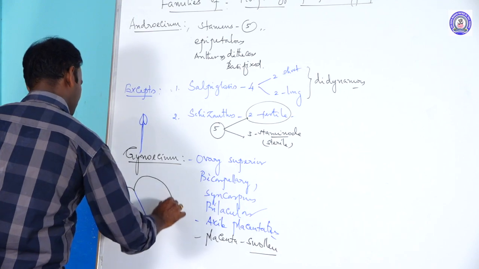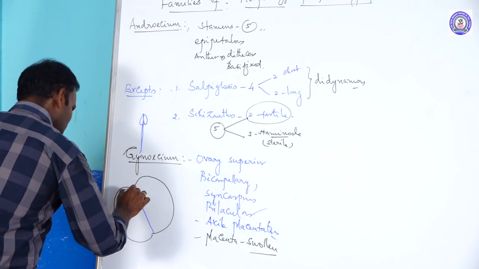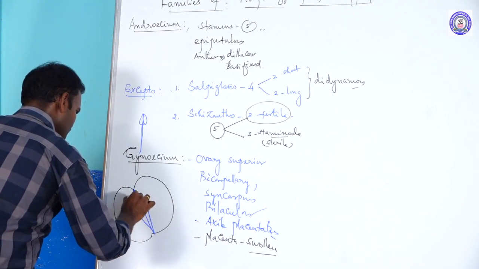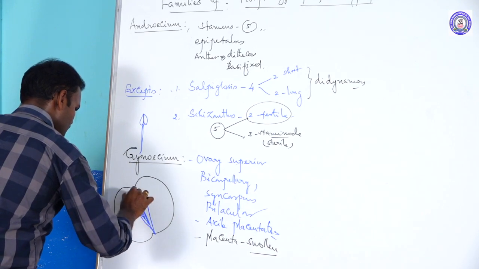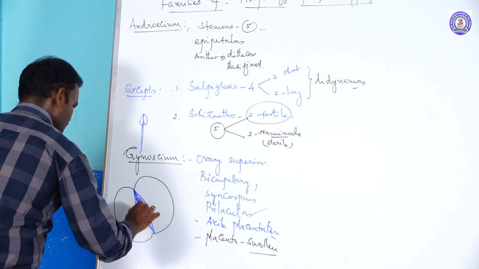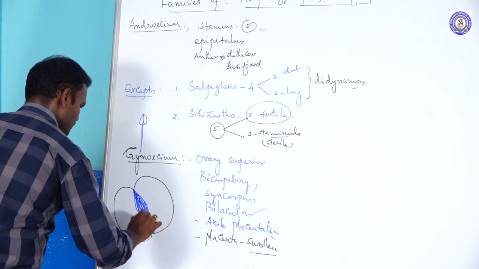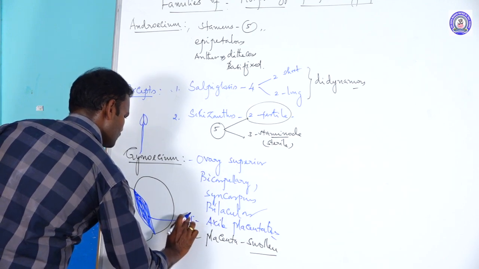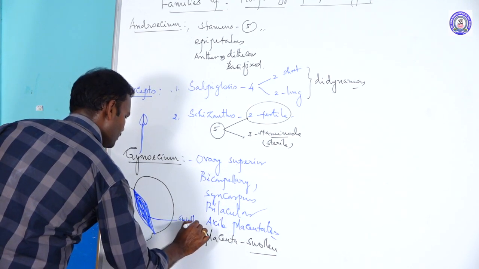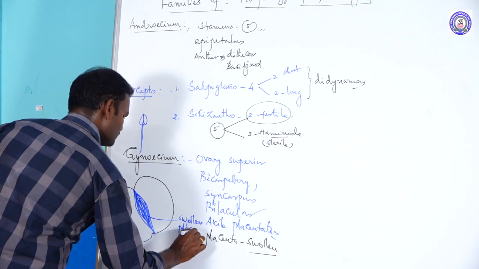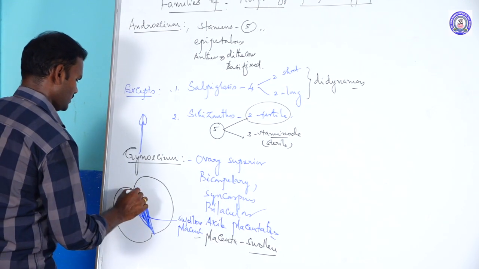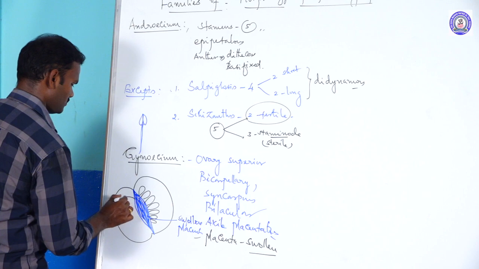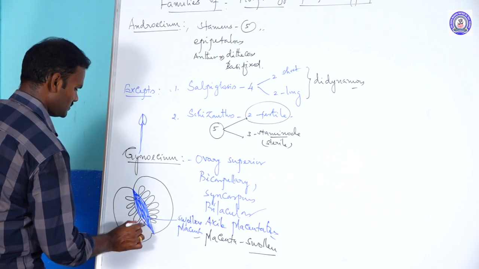This is the ovary. The central placenta is a swollen placenta, which produces many ovules on axile placentation.